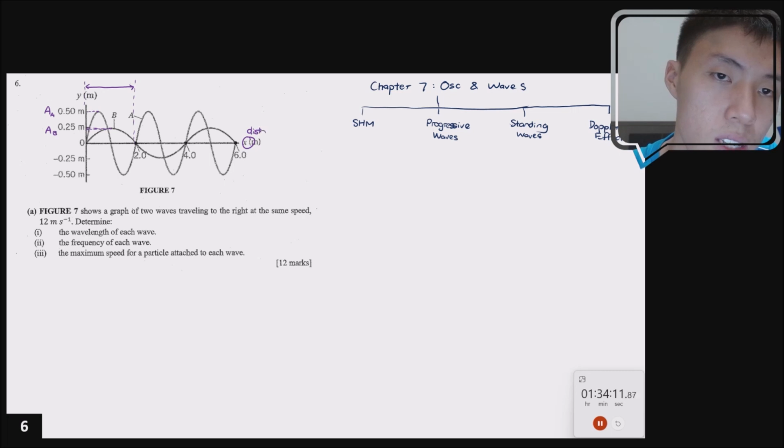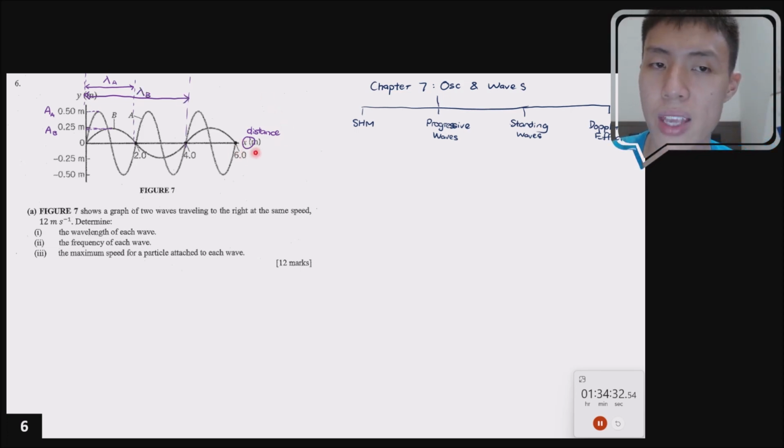So this is not time, this is not period. This will be the wavelength of wave A. For B, you can measure from here until here. This will be the wavelength for B.